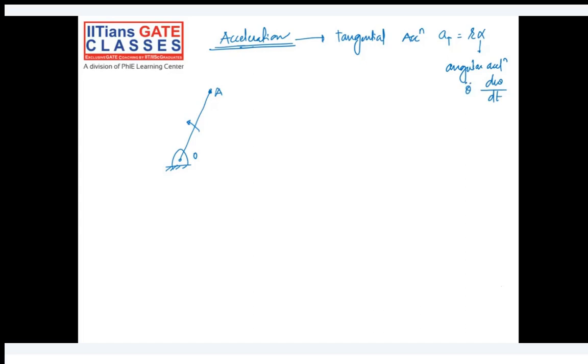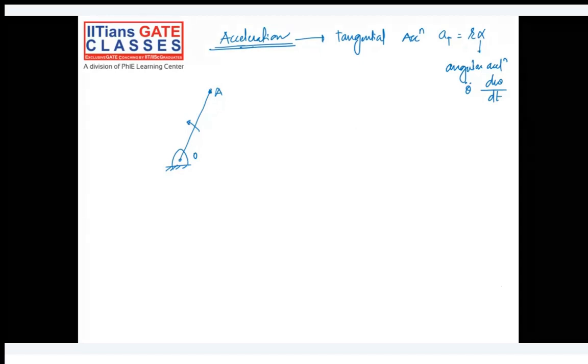The second type of acceleration is centripetal acceleration, or radial acceleration also. It is better to call it centripetal acceleration because of these words centripetal and centrifugal.